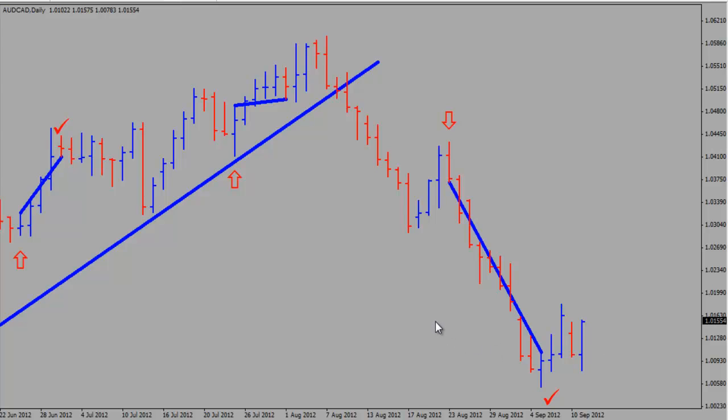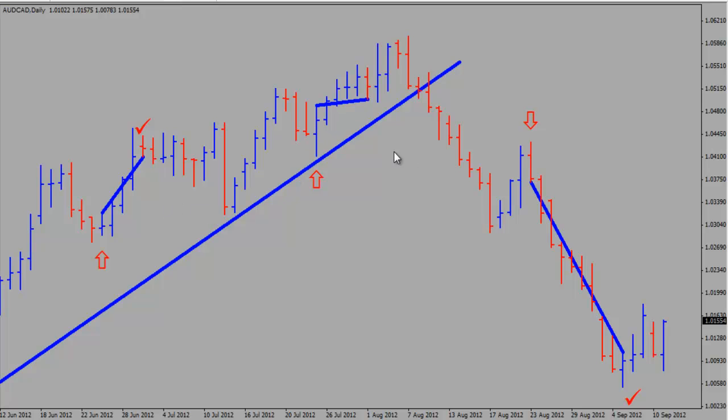Even if it does not, we can still see that we've generated 3 winning trades, one of some size, and if this did work out to be a losing trade, 3 winners followed by a loser, I think most people will agree is an acceptable success rate.